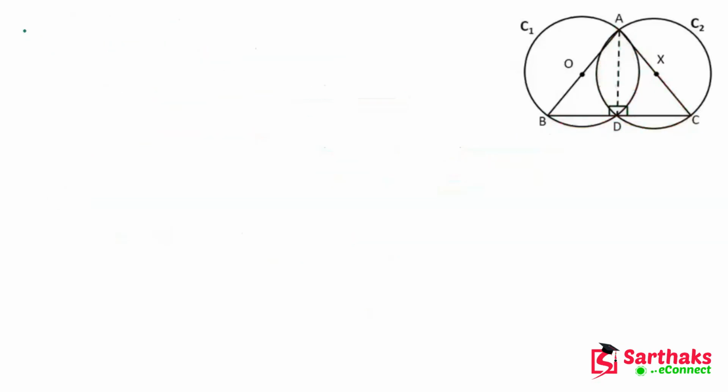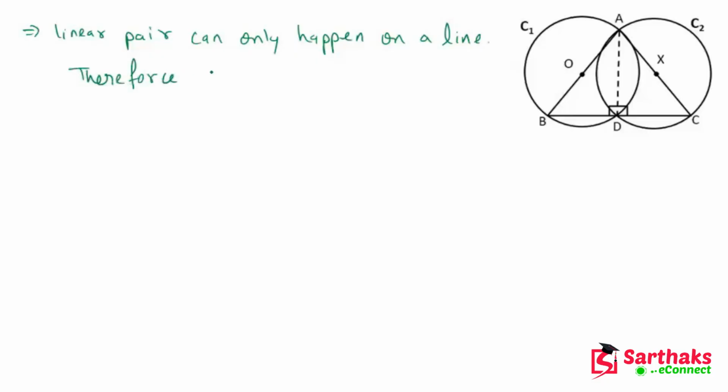So here we can write: a linear pair can only happen on a line. Therefore BDC is a line.